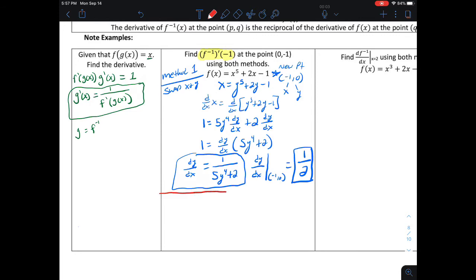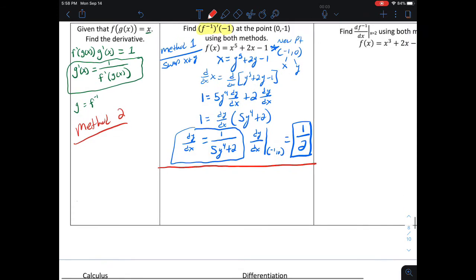Method 2 is what I have in green here. So method 2 uses the inverse composition rule, which I would start with f of g of x equaling x. I would take the derivative of both sides.